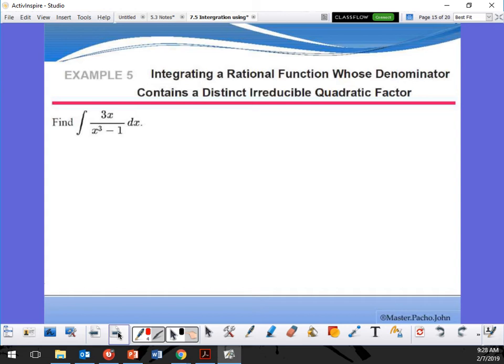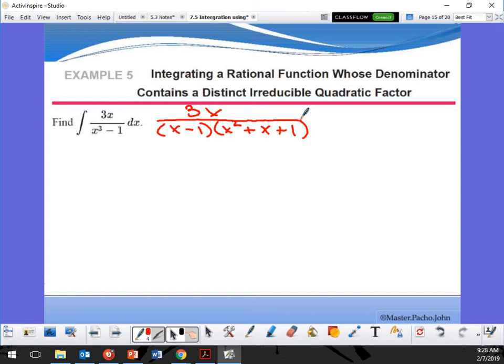So let's go ahead. It's going to turn into, if I factor it, 3x over x minus 1 times x squared plus x plus 1, right?